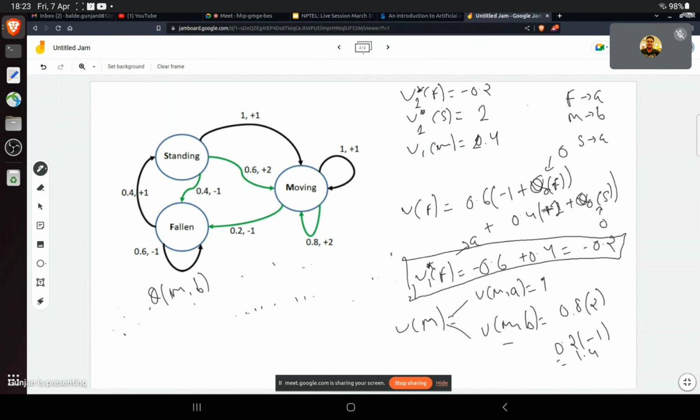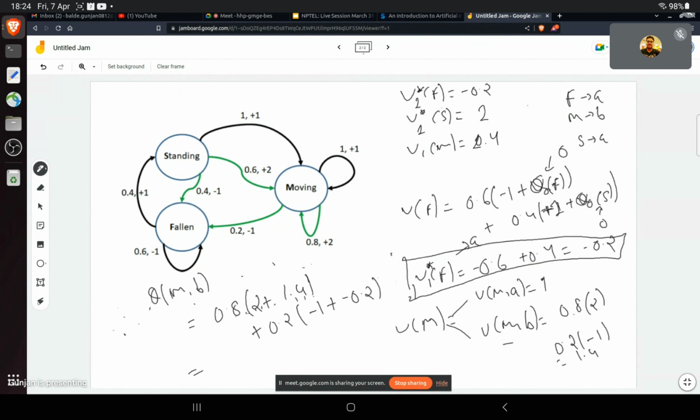So at M, if you do action B, you either stay at the moving state or you go to the fallen state, right? So it is 0.8 times 2 plus V1 of M, that is 1.4, plus 0.2 times minus 1 plus V1 of F, that is minus 0.2.